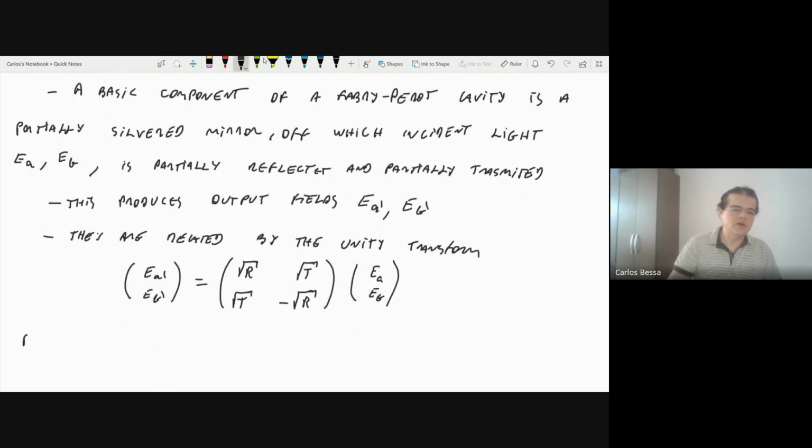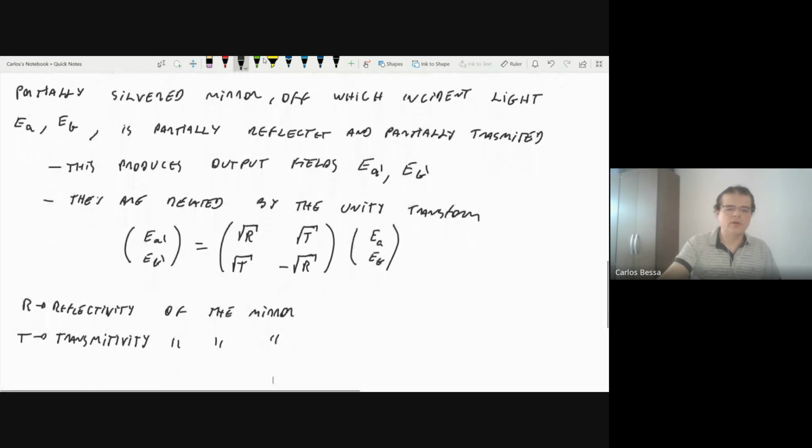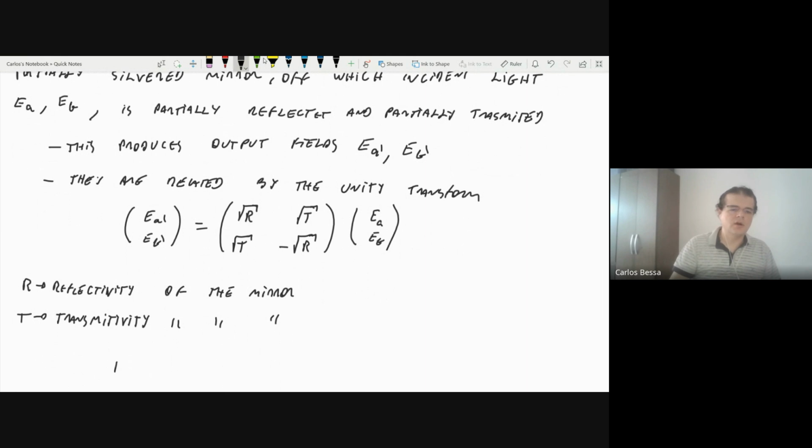So here R is the reflectivity of the mirror, and T is the transmittivity of the mirror, where in this case R plus T is equal to 1.